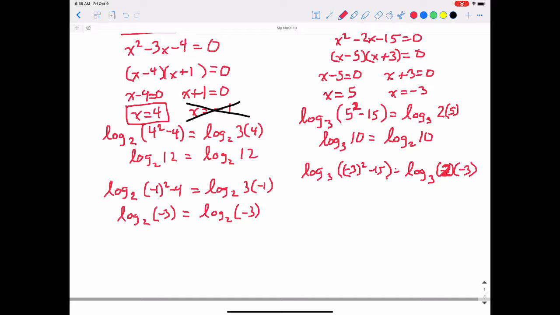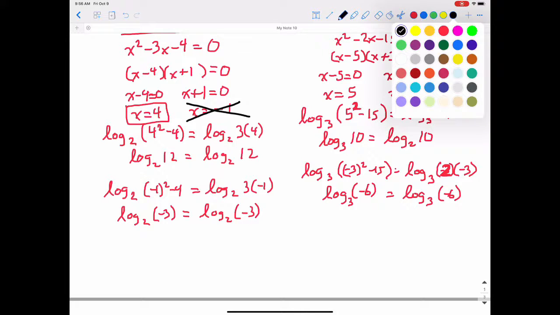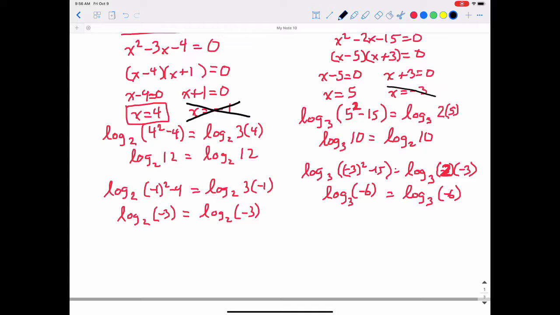So negative 3 squared is 9. 9 minus 15 is negative 6. And quite frankly, I can stop right there because I can't take the log of a negative number, even though it does seem to give you negative 6 on the other side. But again, we can't take the log of a negative number. So negative 3 is not a real solution, so I'll cross that out. And my only real solution is x equals 5.